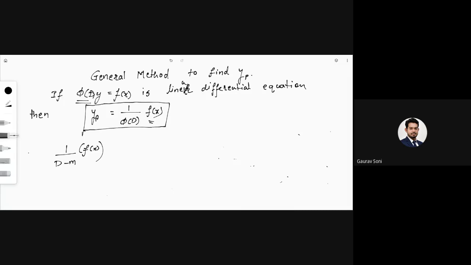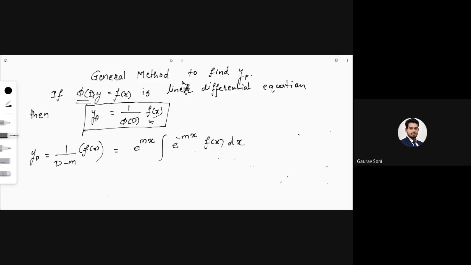So yp, or the particular integral, is equal to 1 upon d minus m f of x, which is equal to e to the power mx integration e to the power minus mx f of x dx.